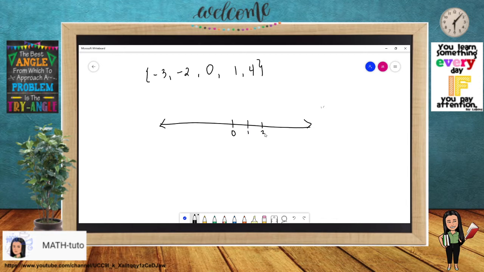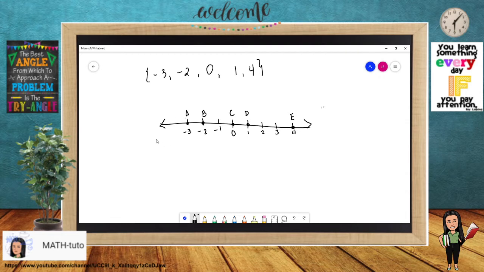So, 1, 2, 3, and then 4. Negative 1, negative 2, negative 3. So, the points given are negative 3, negative 2, 0, 1, and 4. There are actually no specific letters given, so let's just use any capital letter. Okay, so that's the graph of this number.